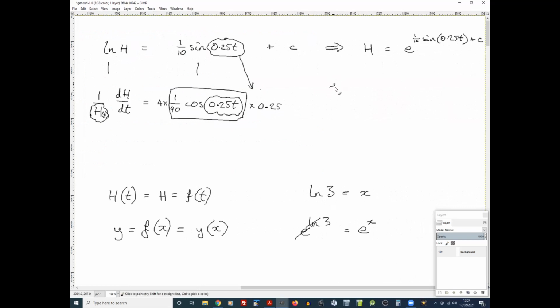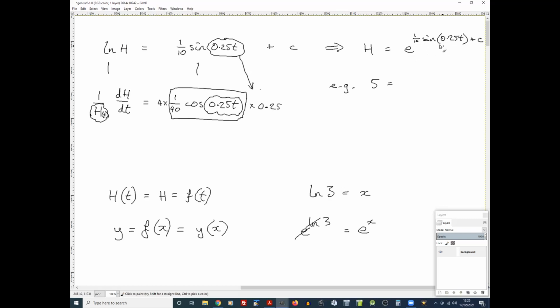Which gives us a particular example that H is 5 when t is 0, in which case 0.25 of t is 0, in which case sine of 0.25 of t is 0, in which case a 10th of that is 0, in which case e to a 10th of the sine is 1.